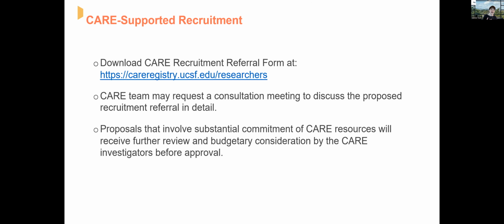And then the CARE team may request a consultation meeting as needed to discuss your proposal further. Proposals that involve substantial commitment of CARE resources will need to be reviewed further, but so far, we are able to support pretty much all of the requests. So we'll be working with each of the individual requests.